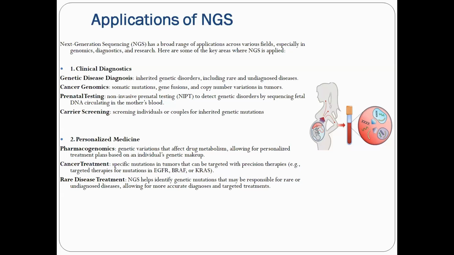Then we have personalized medicine. For example, a few individuals can be good drug metabolizers, and there are a few individuals who are not. So basically, there are various genetic variations which can affect drug metabolism, and it can vary from individual to individual.